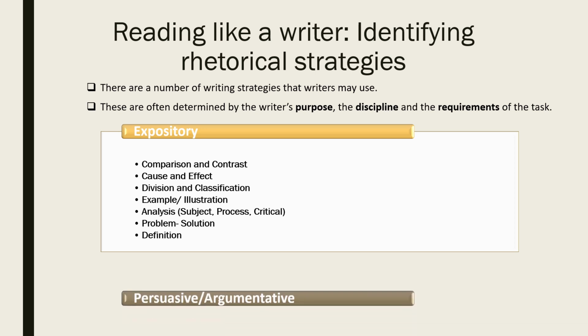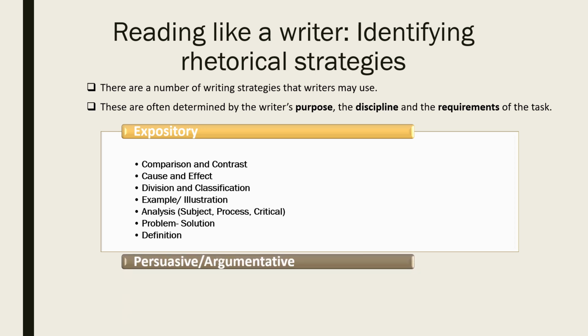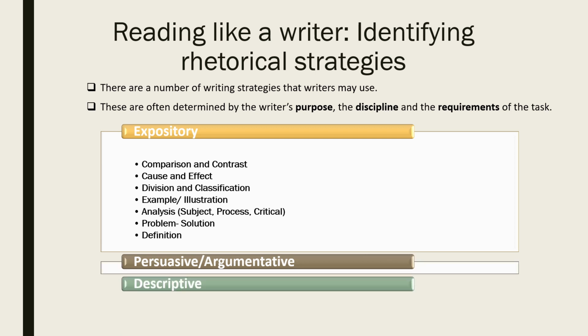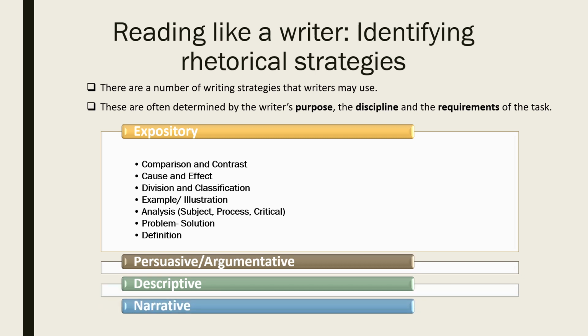Writers may also use persuasive or argumentative techniques, or they may use descriptive techniques or description, or narrative techniques in their writing. As we engage more in the subject of academic writing, we will be learning more about identifying these strategies as we read and using these strategies as we write.